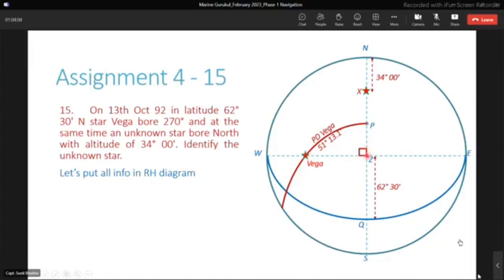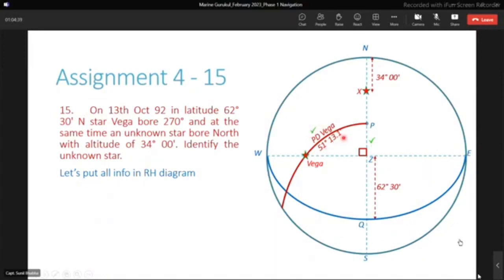So the angle Z is 90 degrees in this particular diagram. And in this triangle, we know the side PZ, Papa Zulu side. It is the co-lat of the observer, or 90 minus latitude of the observer. The latitude is 62°30'. So 90 minus that is the side PZ. That's why it is shown with a green tick. Now we also have the P Vega side, which is the polar distance of Vega, 51 degrees 13.1', which we found earlier.